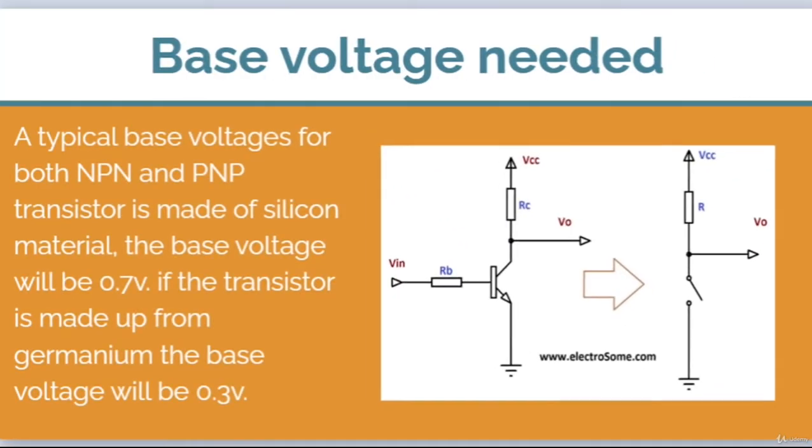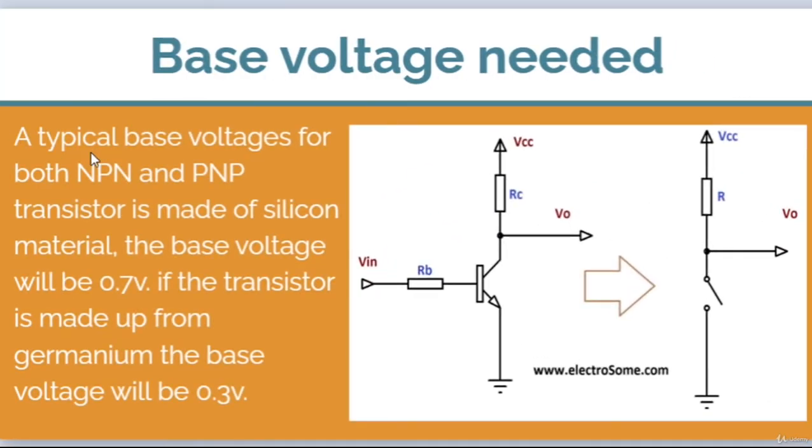The base voltage needed. Typical base voltages for both NPN and PNP transistors apply when the transistor is made of silicon. If the transistor is made of silicon, the base voltage will be 0.7 volts. If the transistor is made from germanium, the base voltage will be 0.3 volts.